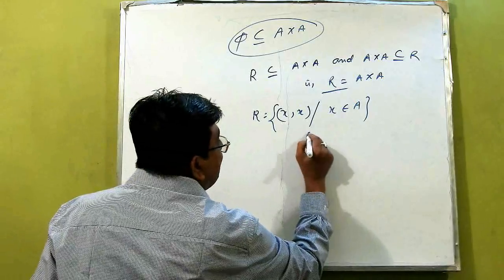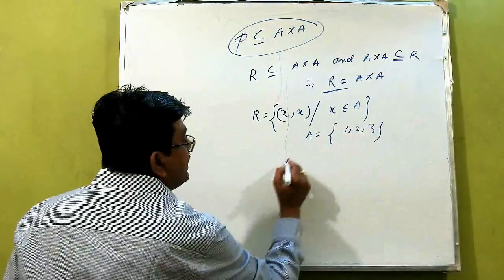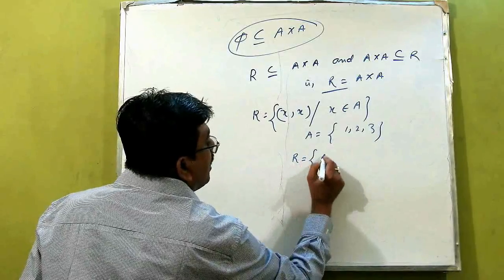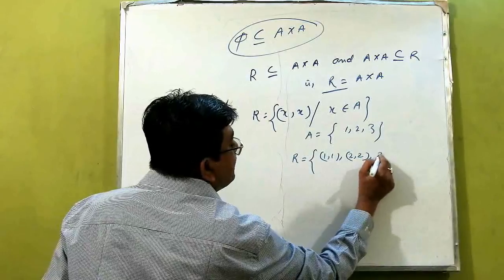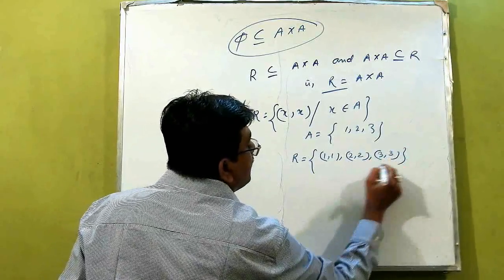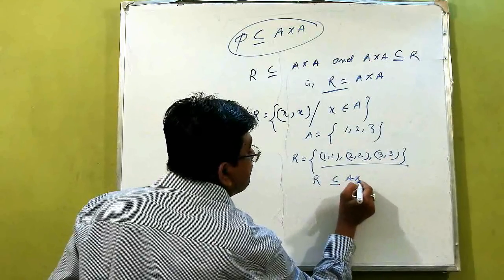Let us consider capital A equal to {1, 2, 3}. Therefore, R equals {(1, 1), (2, 2), (3, 3)}. This is called the identity relation. Here R is clearly a subset of A cross A.